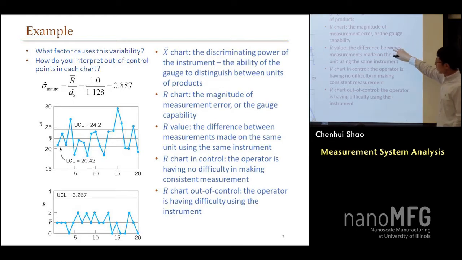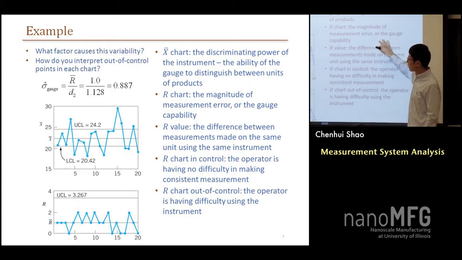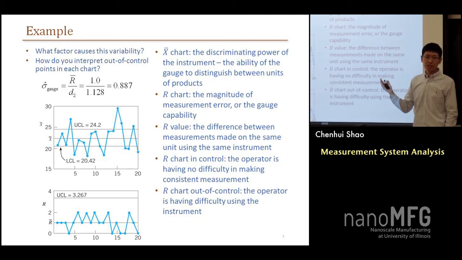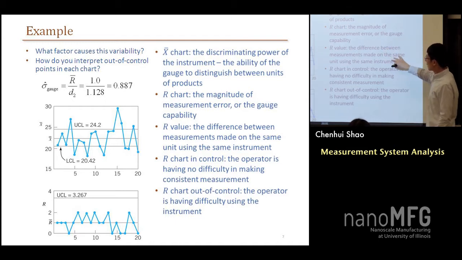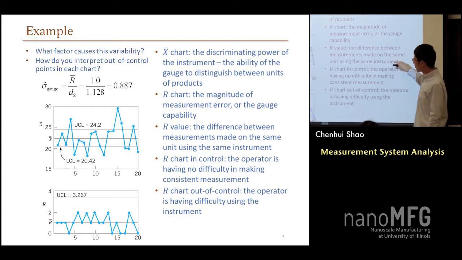And the R chart is the magnitude of measurement error, or the gauge capability. So with a smaller R value, we have a better gauge. The R value is the difference between measurements made on the same unit using the same instrument. Same operator, same unit, same product, same instrument, you can get different readings.